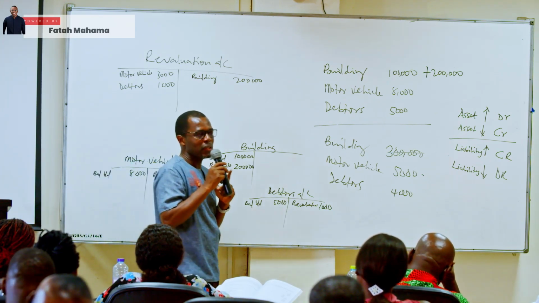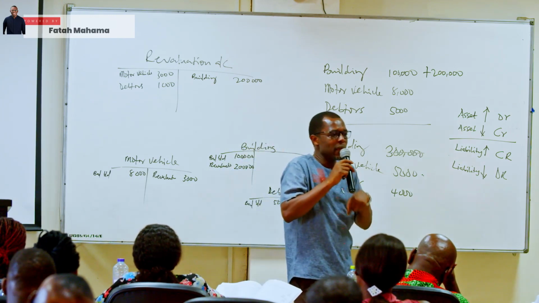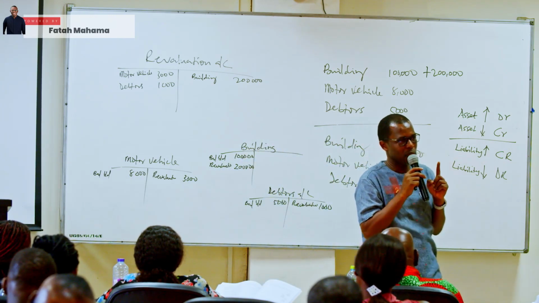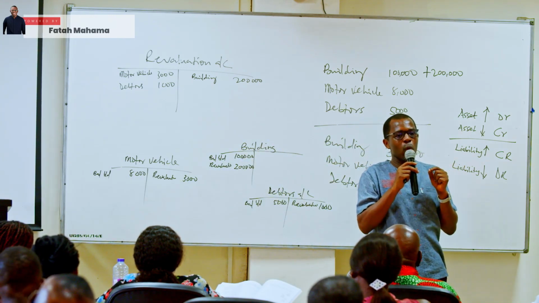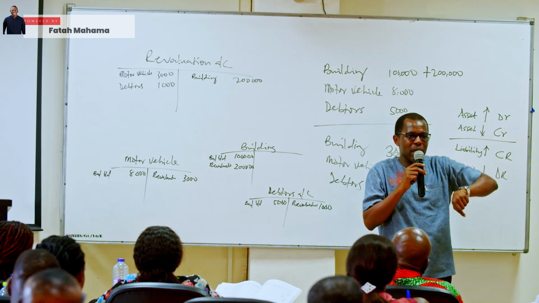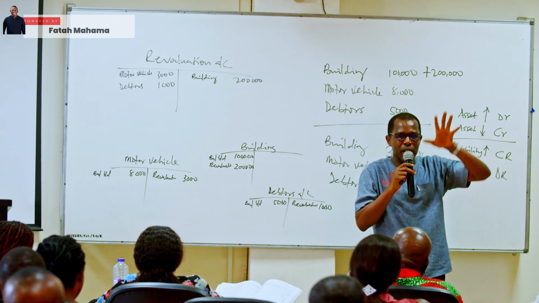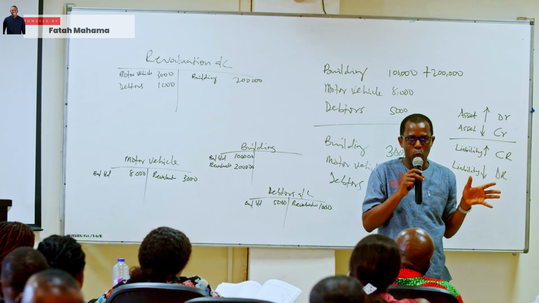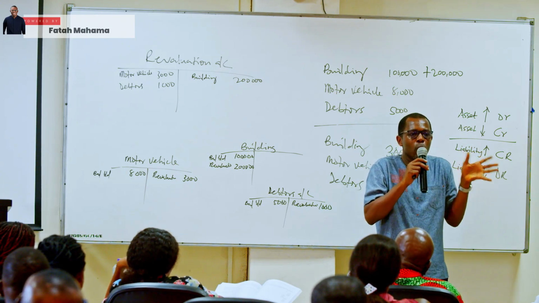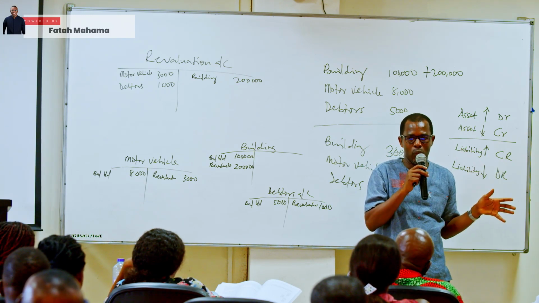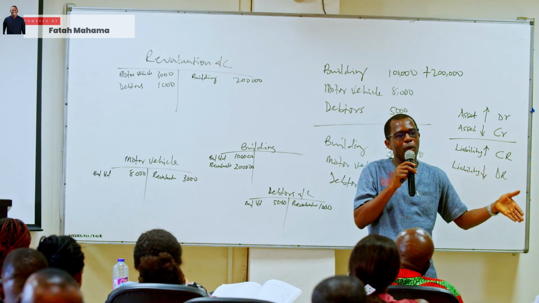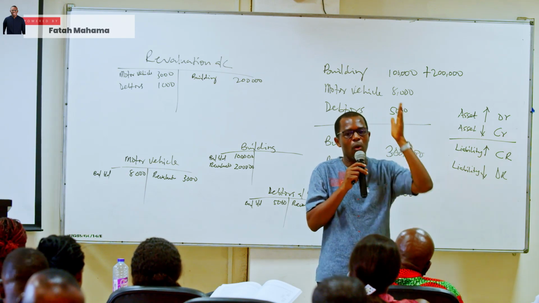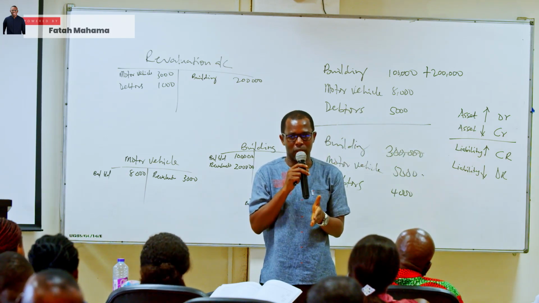Now, let me say one thing before I switch to the question we saw. The last thing I want to say is that remember, goodwill itself is also an asset. So at the beginning, when you look into the balance sheet that the examiner gives, the balance sheet did not have goodwill, meaning goodwill was 0. And it's now moving from 0 to 40,000.